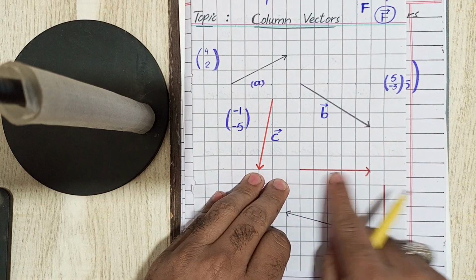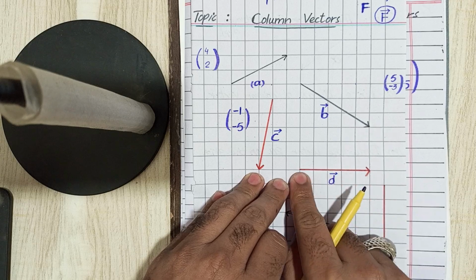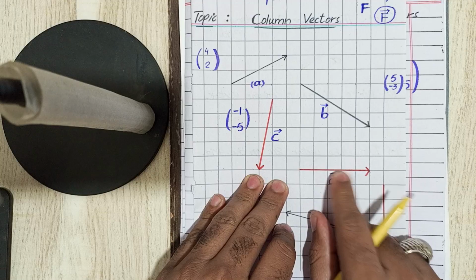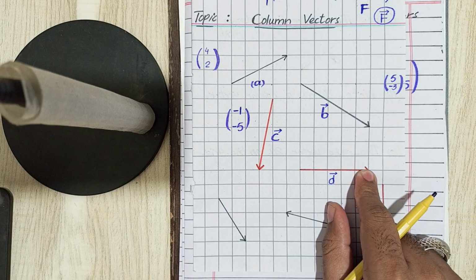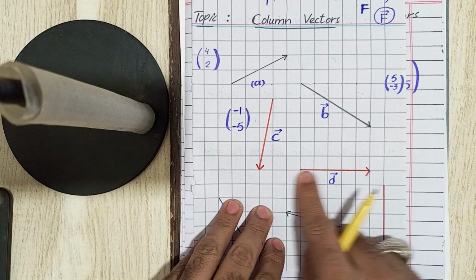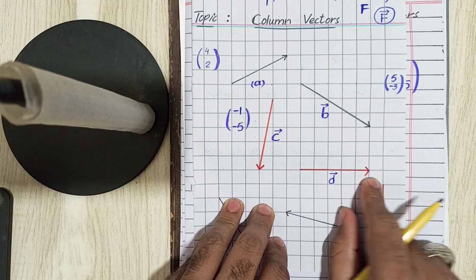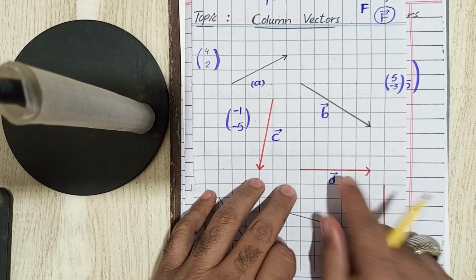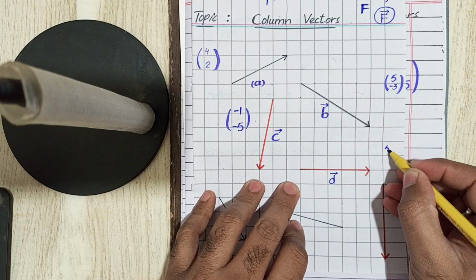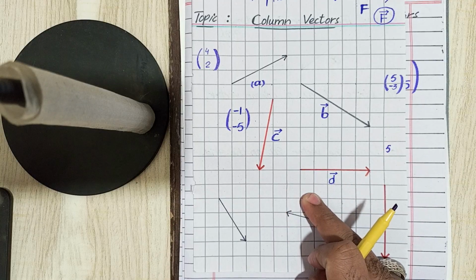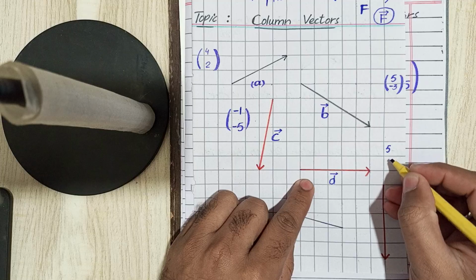But this vector moves from left to right, 1, 2, 3, 4 and 5. So it means this vector has 5 horizontally, but this vector doesn't move up or down, so it means we have 0.